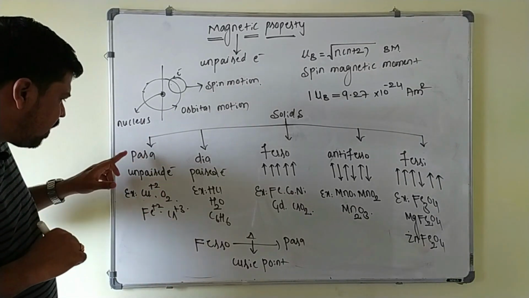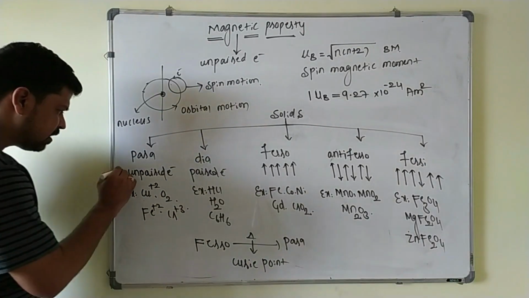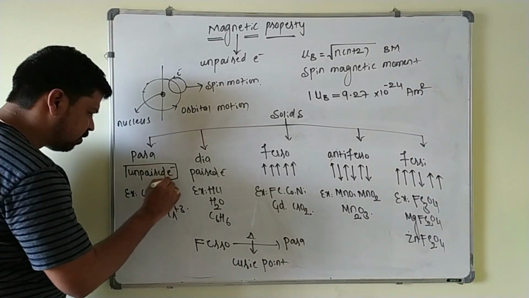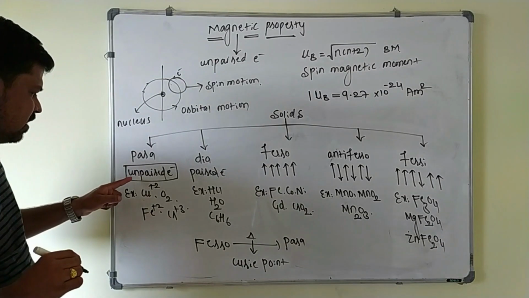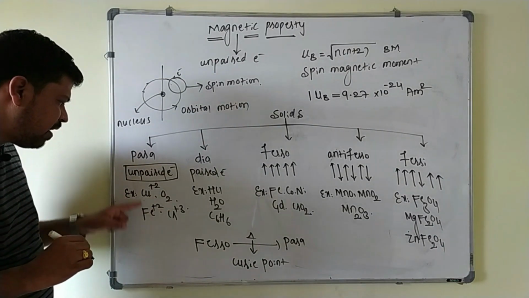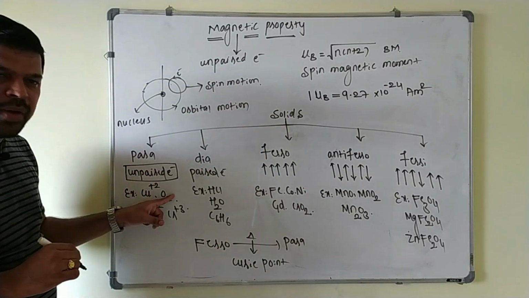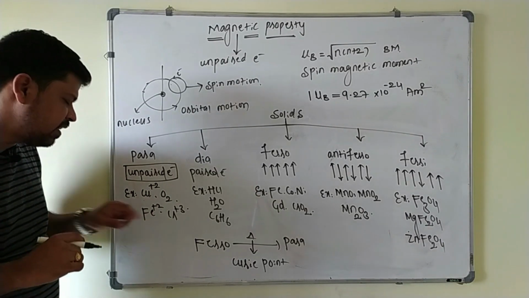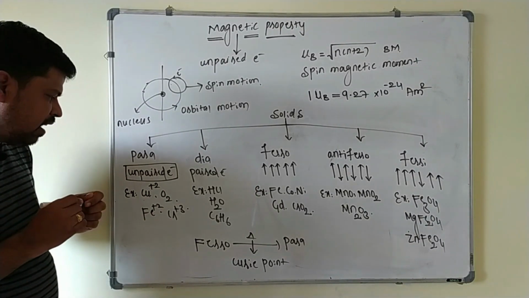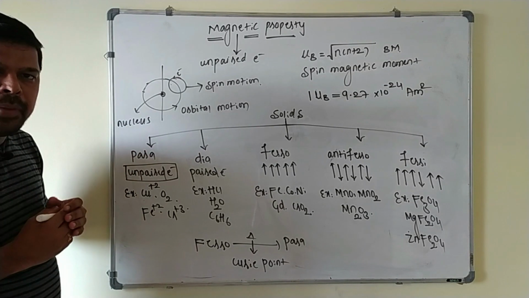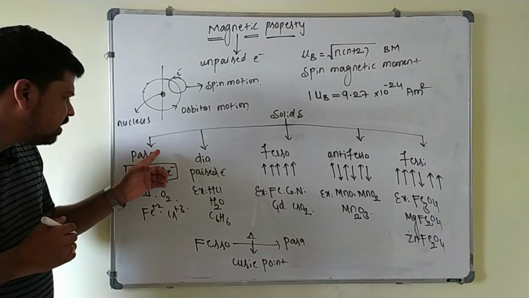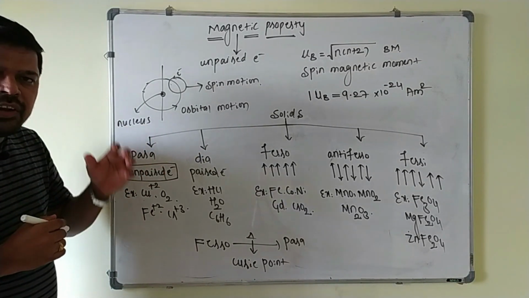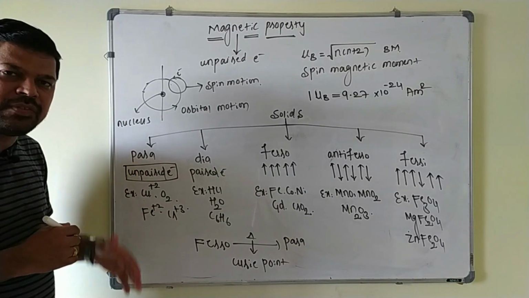This paramagnetism is due to the presence of unpaired electrons in the substance. Examples are species having unpaired electrons: copper plus 2, O2, Fe plus 2 and Cr plus 3. Any species having unpaired electrons is paramagnetic in nature.